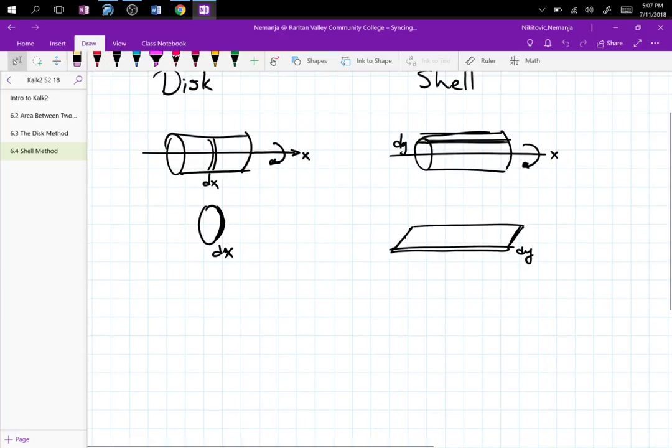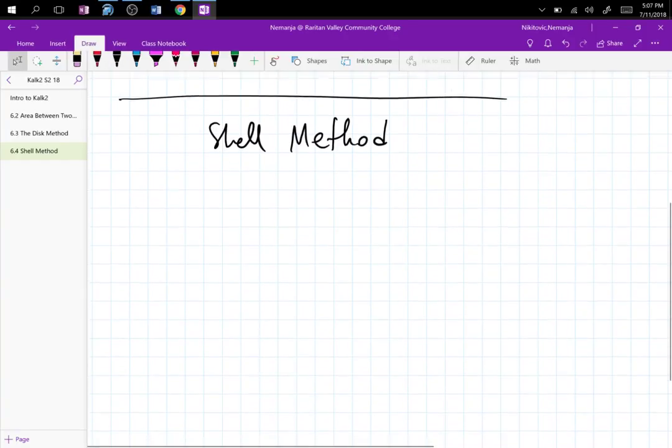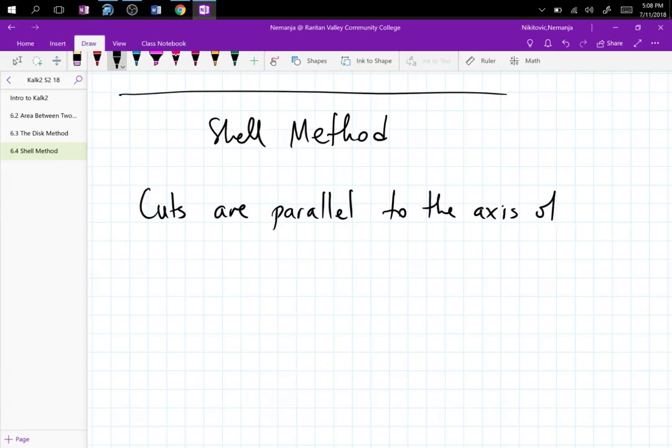Now let's talk about this shell method. What I have is a method that cuts parallel to the axis of rotation.